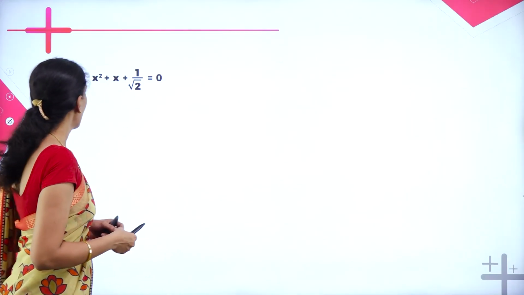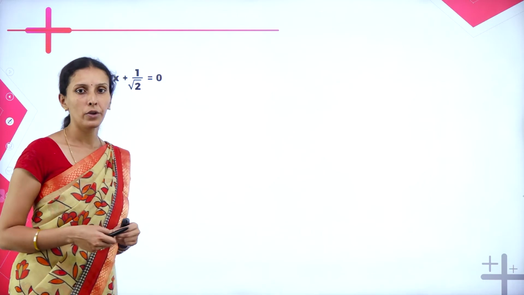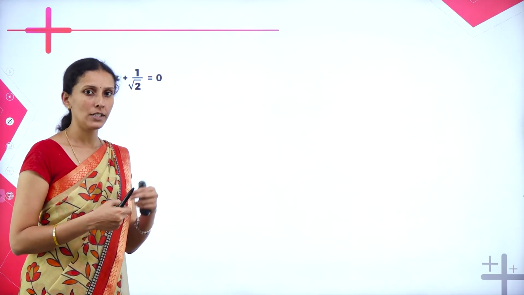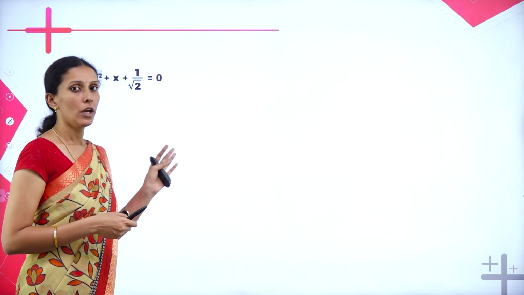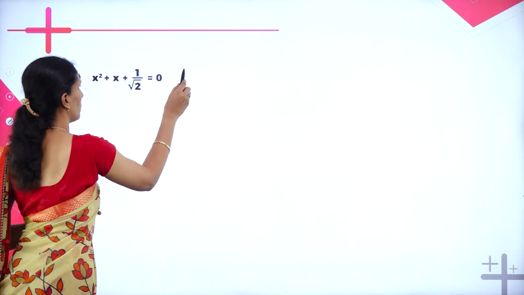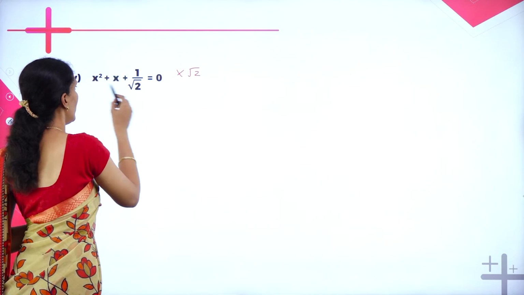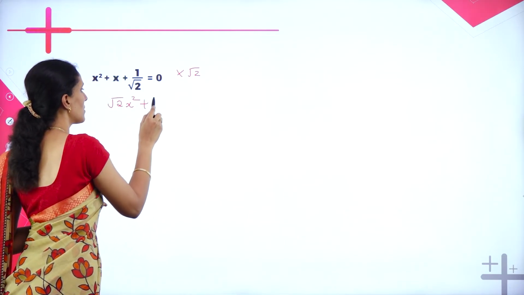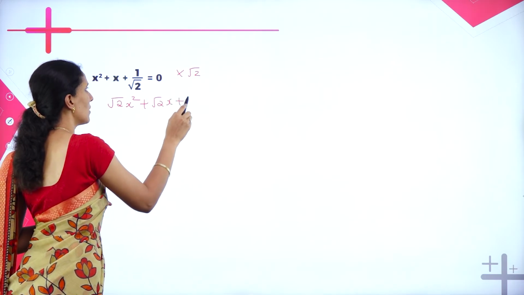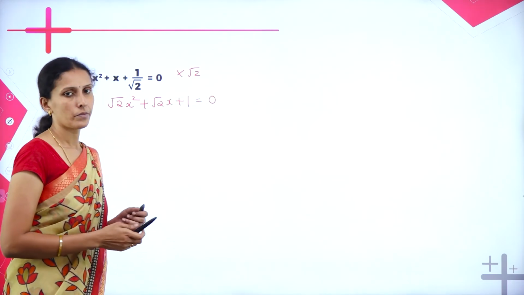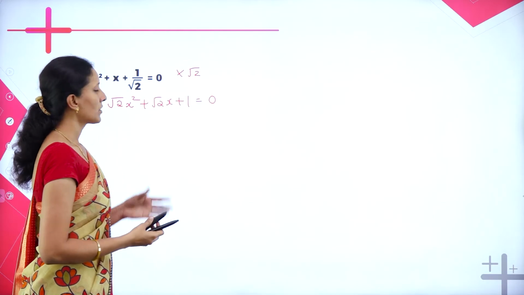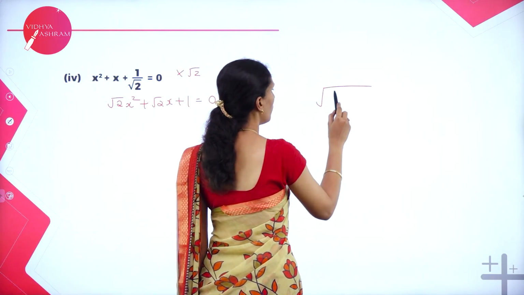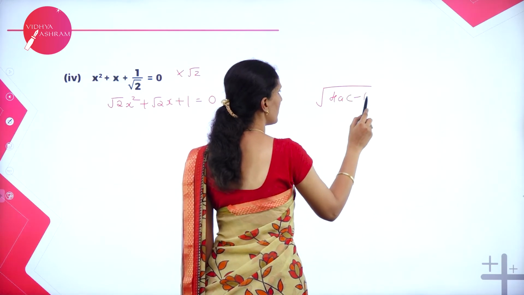Next we have x square plus x plus 1 by root 2 is equal to 0. So we have root 2 in the denominator. To cancel it, I'll multiply the whole equation by root 2. So then this becomes root 2 x square plus root 2 x plus 1 is equal to 0. So this is the equation. Next we will find the discriminant, that is square root of 4ac minus b square.